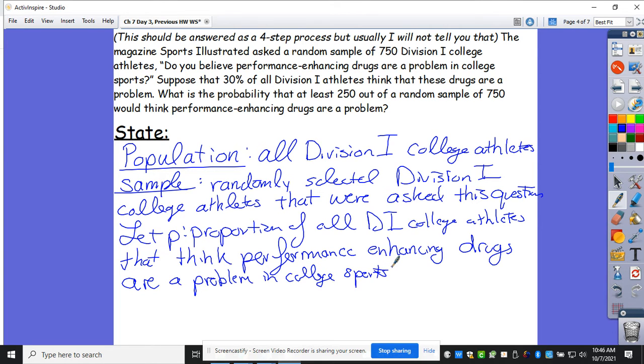What else do I need? What am I finding the probability of? So just like that last problem, the only place that I'm going to use 1/3 is when I plug it in to find my z.